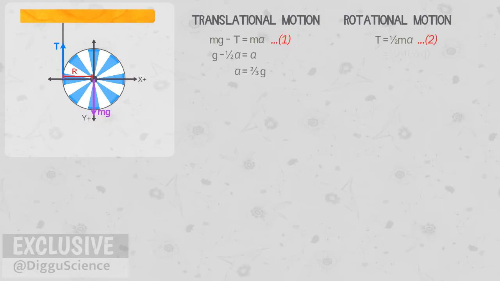Now, the torque acting on the object is the tension in the string times the radius of the yo-yo. This is equal to 1/3 mgr. Of course, this value of a can be substituted into equation 2 to get the value of T. T equals 1/3 mg.